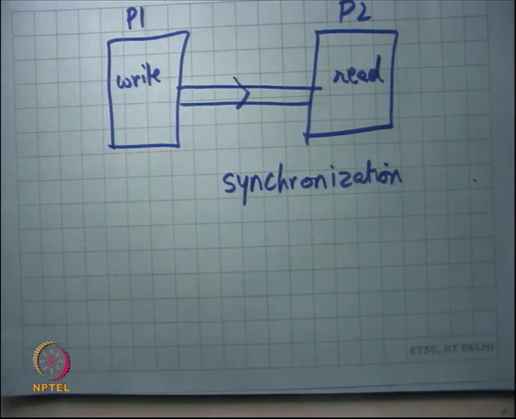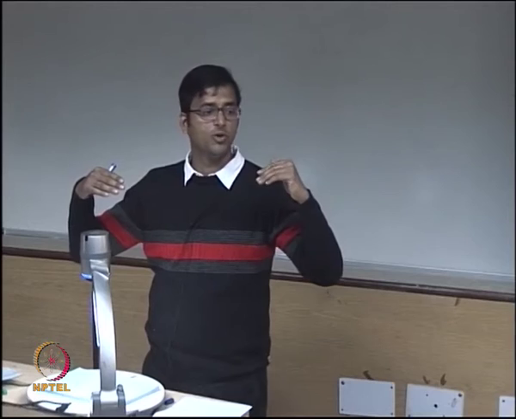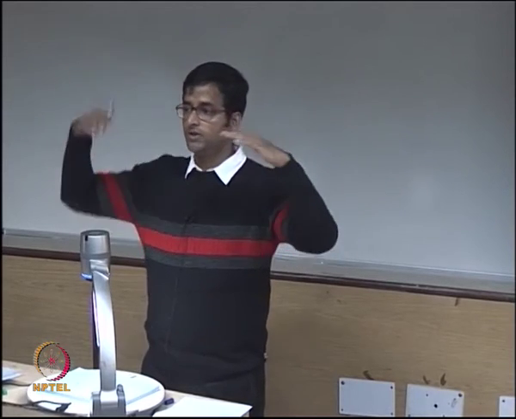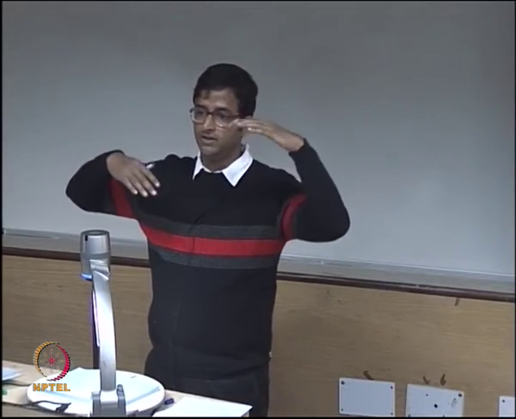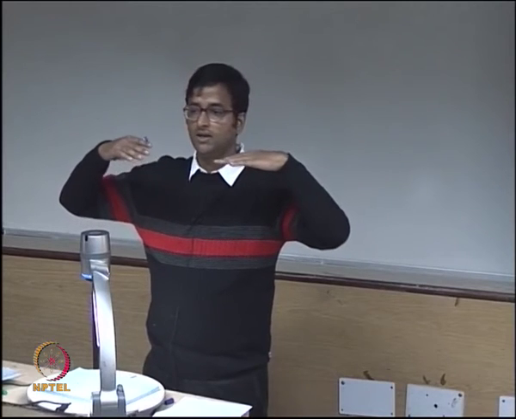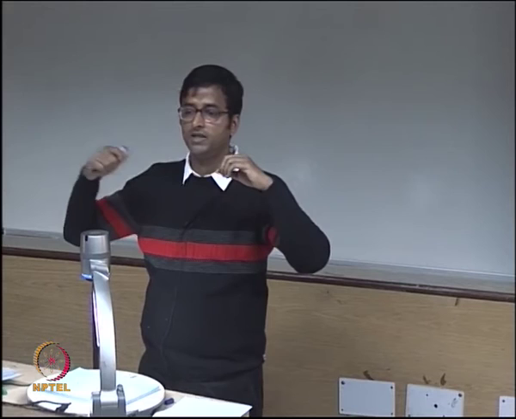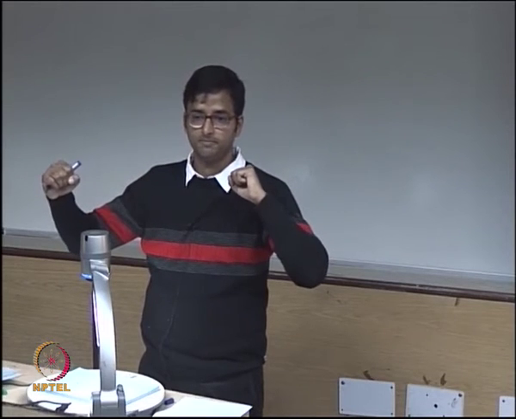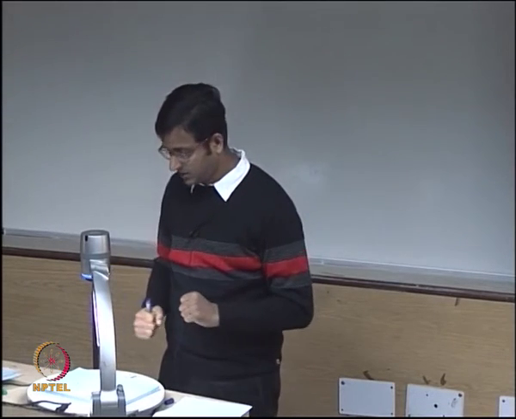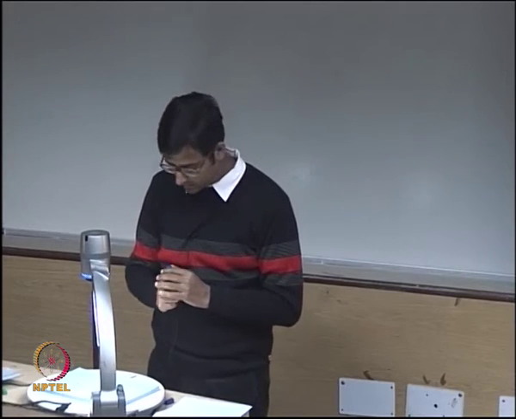Because if P2 calls read and the pipe is empty, it basically means that P1 needs to run some more and call some more writes before P2 can execute. So in some sense they both synchronize with each other, right? Synchronization means that they communicate with each other and restrict their behavior based on the behavior of the other. That's one way of doing synchronization.